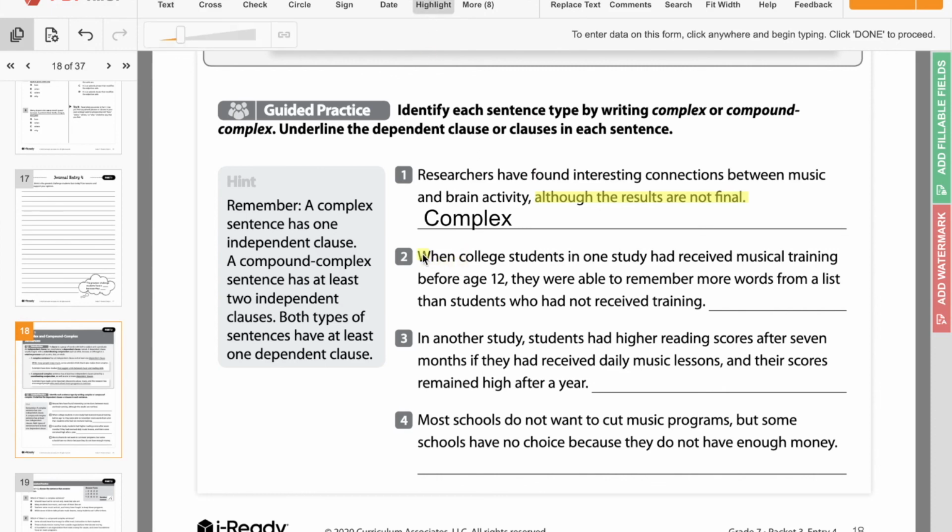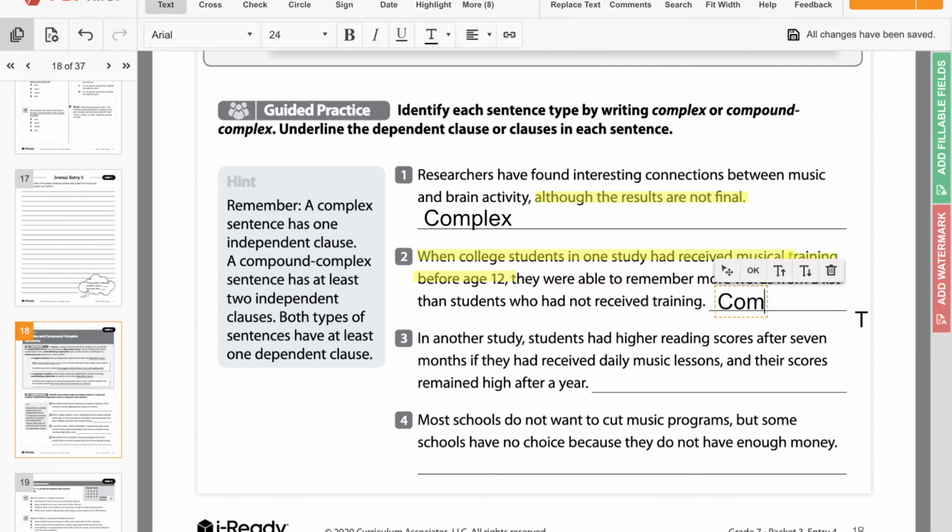What does that mean? So that's going to be a dependent clause, because it leaves us wanting more information. They were able to remember more words from a list than students who had received no training. That is just a complete thought, one sentence, which means we have another complex sentence, because we have one dependent, one independent.